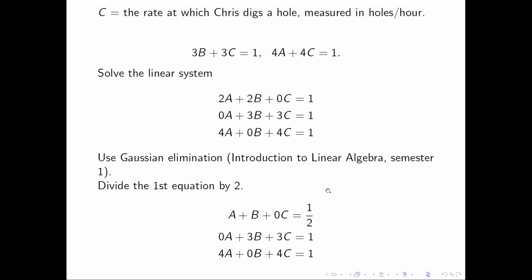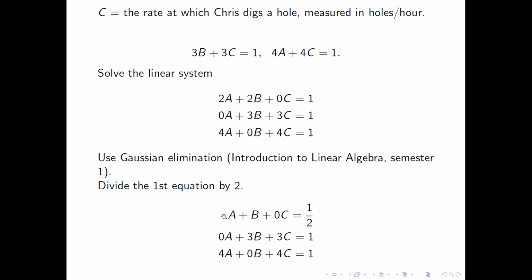The first equation becomes A plus B equals 1/2, and we leave the second equation and the third equation the same. The next step in Gaussian elimination is to kill this term. Well, that's already not there. It has coefficient 0 in front of it. And this term. So to kill this term, we can multiply the first equation by 4 and then subtract the first equation from the last equation.